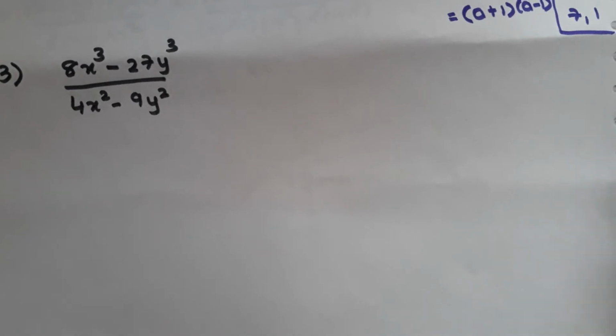Question number 3. 8x cube minus 27y cube upon 4x square minus 9y square.